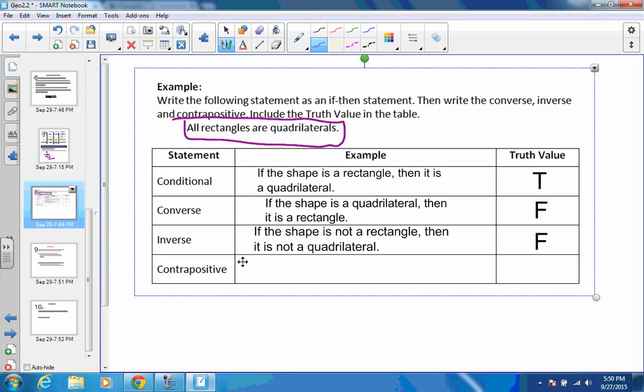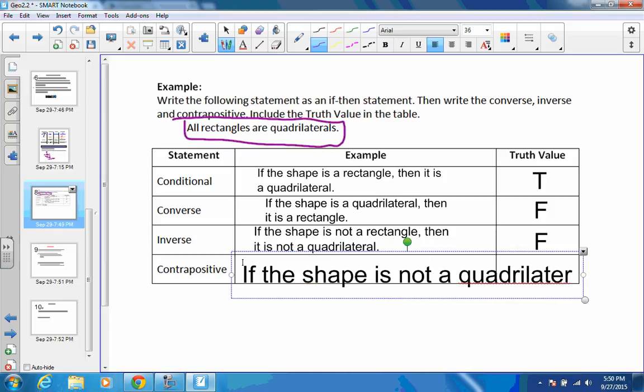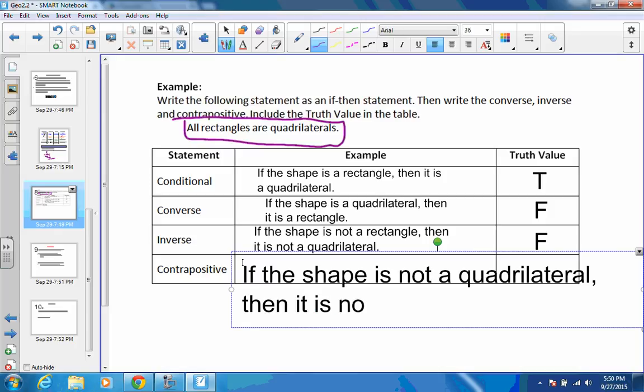Now let's do the contrapositive. So we're flipping it and we are negating both sides. If the shape is not a quadrilateral, then it is not a rectangle.